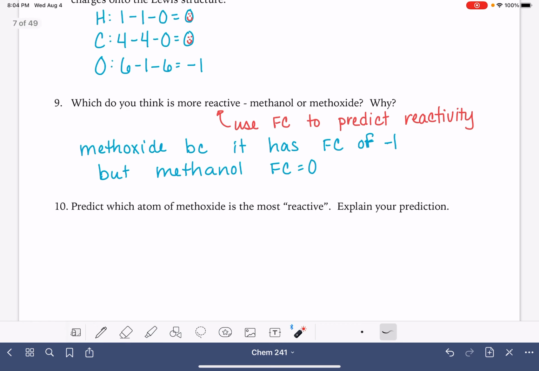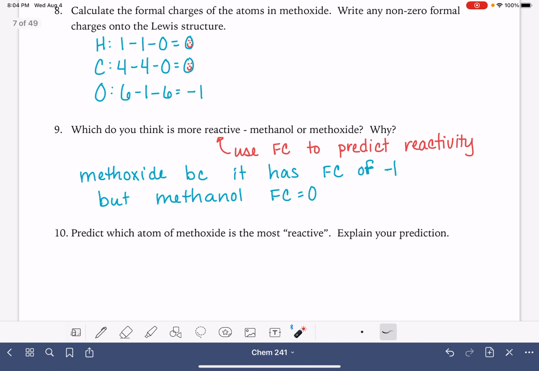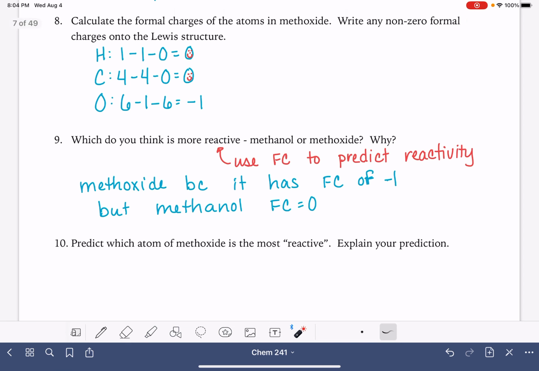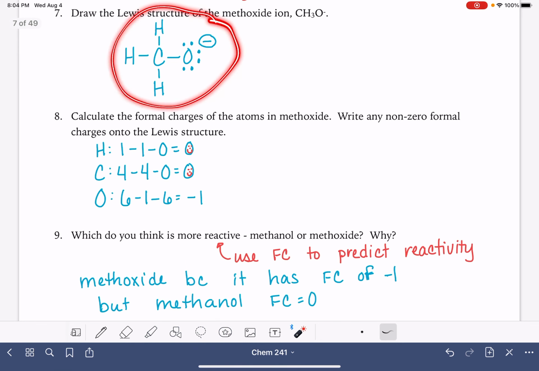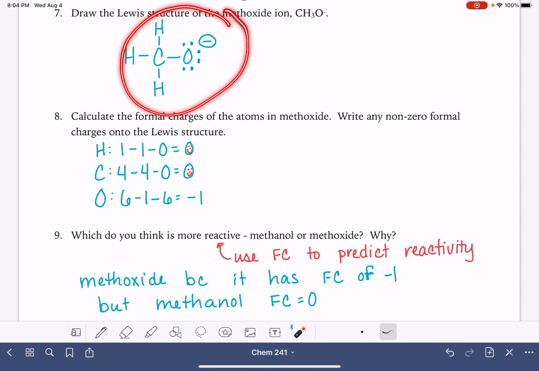So last but not least, we're also going to predict which atom in methoxide is the most reactive. And this is what becomes really fundamentally important for us in organic chemistry. So when we're looking at this molecule, we've decided that the molecule is reactive, but what we really want to know is where is its reactivity? When this molecule decides to go out in the world and do chemical reactions, what is it going to be attacking with? What part of the molecule is going to be running into other molecules and wreaking havoc?